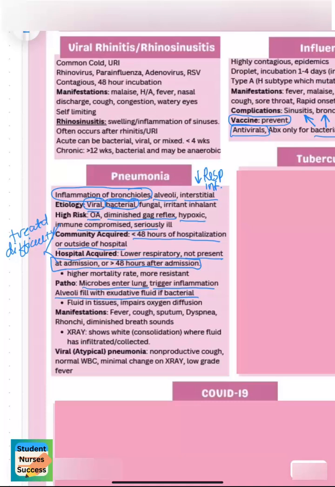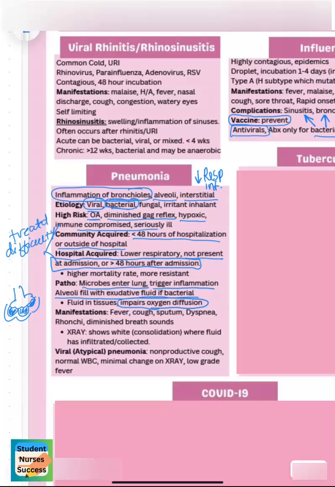That's a problem because fluid inside your alveoli impairs oxygen diffusion. If the alveoli are filled with fluid like this, gas cannot exchange on all these surfaces. So it decreases gas exchange and impairs oxygenation in patients.